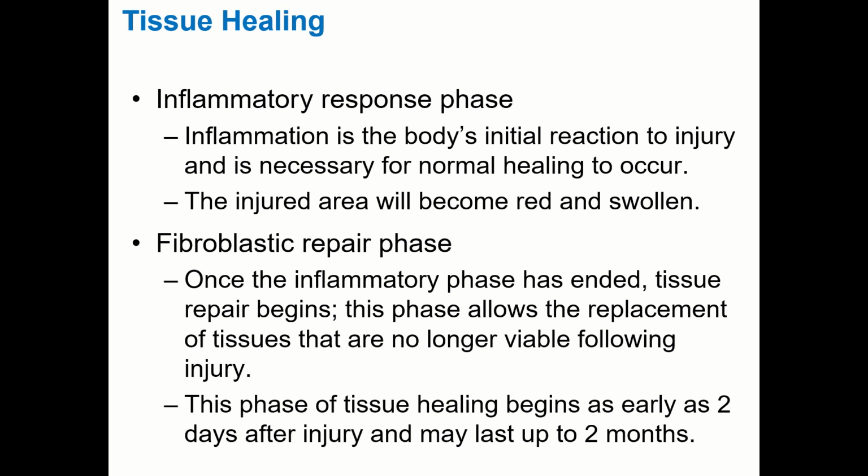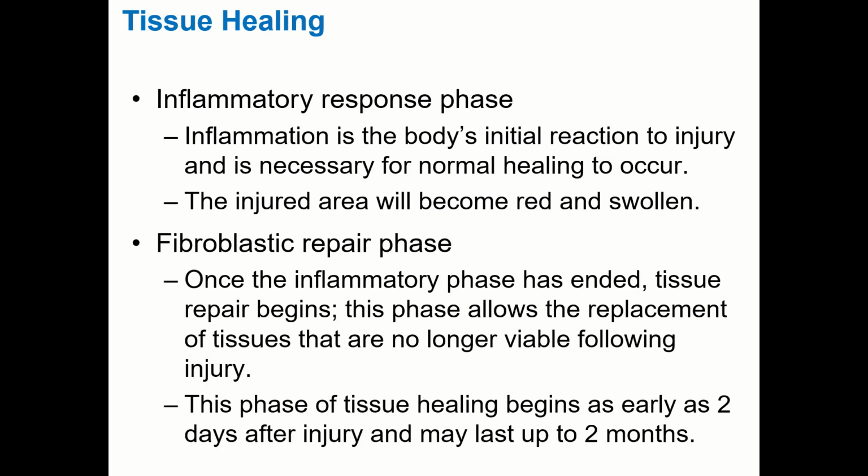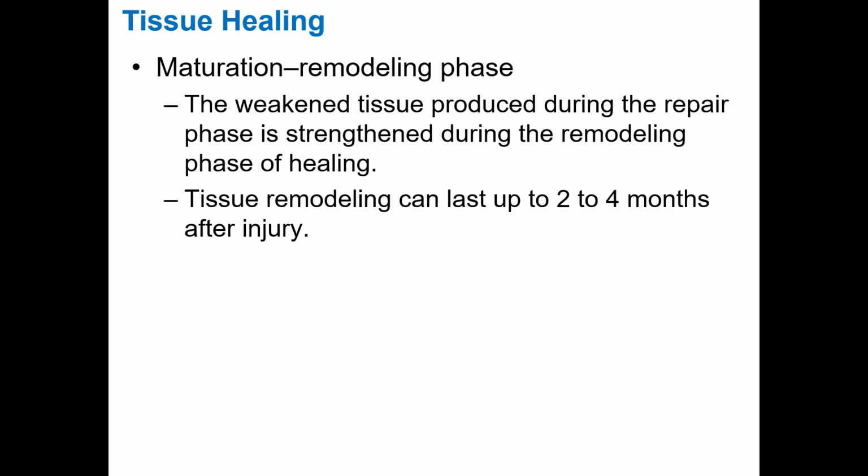All that happens in the fibroblastic repair phase. Then maturation remodeling typically starts at about 2 months post-injury. I didn't mention that the fibroblastic repair phase starts, give or take, day 2 or 3 and continues for as long as 2 months. Then we move into the maturation remodeling phase, 2 to 4 months, and it can be longer.